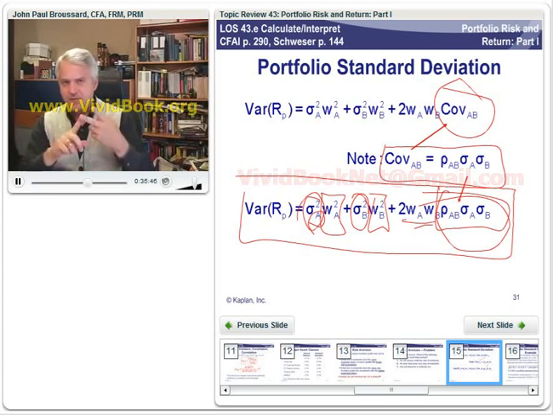All we need is standard deviation of A, weight of A, standard deviation of B, weight of B, and how A and B co-move or are correlated. If we had a third one, we would need standard deviation of C, how A and B move together, and how A and C move together. So you can see that this gets to be a pretty involved process with a lot of assets.